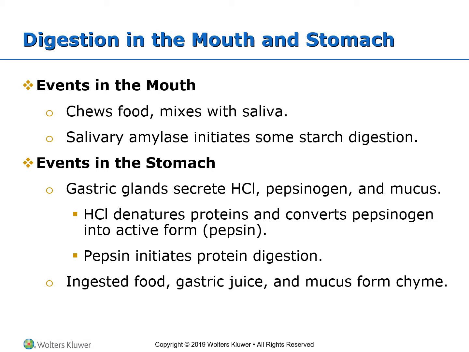Once the food reaches the stomach, remember the stomach is a pouch, a large structure that has a lining with a lot of folds, and those folds are called rugae. The rugae will disappear whenever the stomach expands, and that's one of the functions of the stomach.